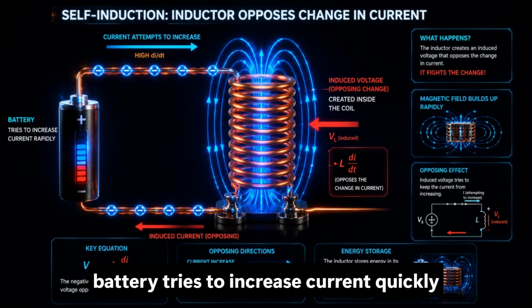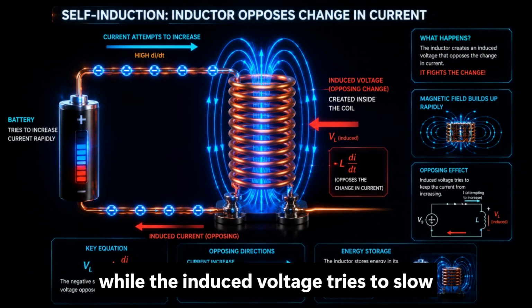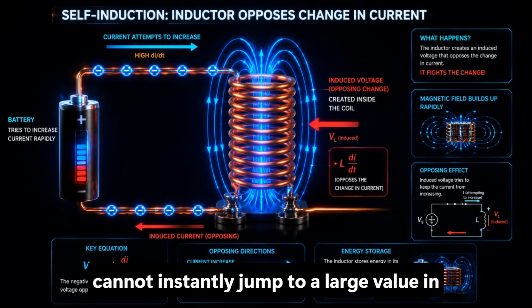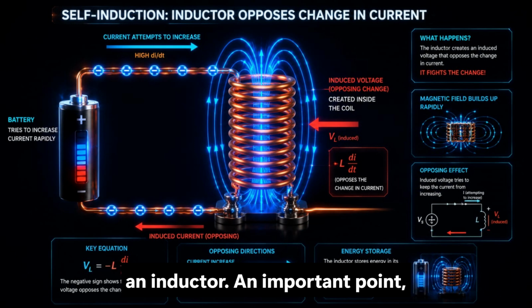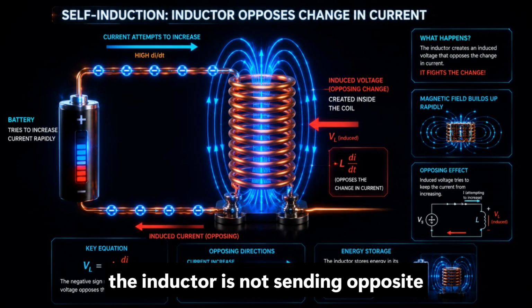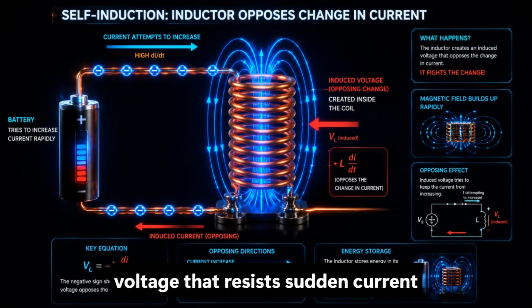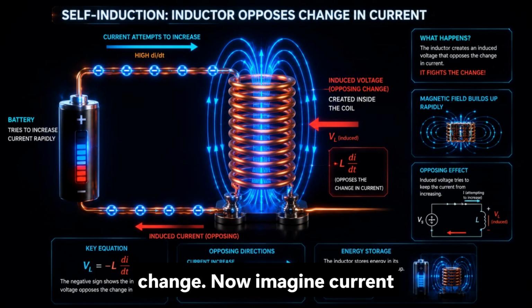So the battery tries to increase current quickly, while the induced voltage tries to slow that change down. This is why current cannot instantly jump to a large value in an inductor. An important point: the inductor is not sending opposite current. Instead, it creates an opposite voltage that resists sudden current change.